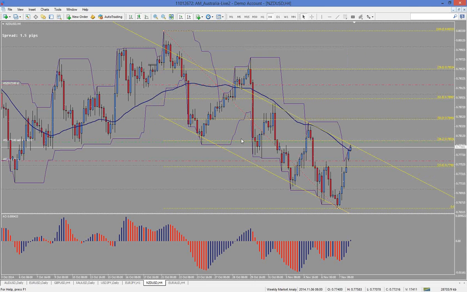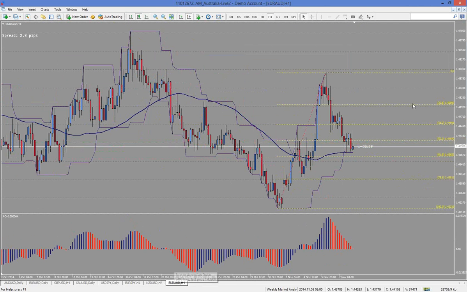Fantastic. Last one for the week, Euro Aussie. Nice easy one to end on. Okay, can everybody see the trade? Let me know if you can. I'm on a 4-hour chart right now.